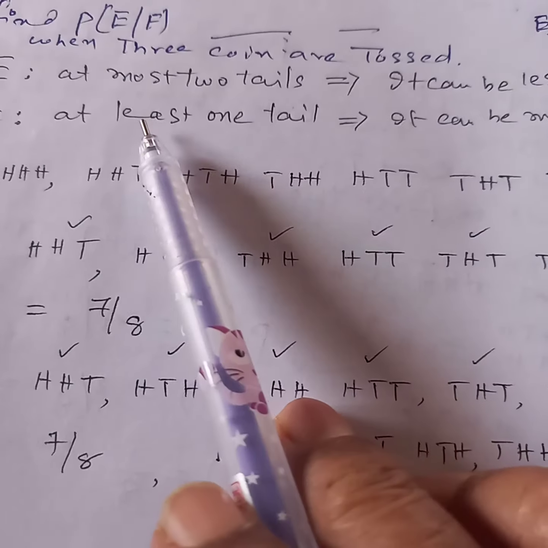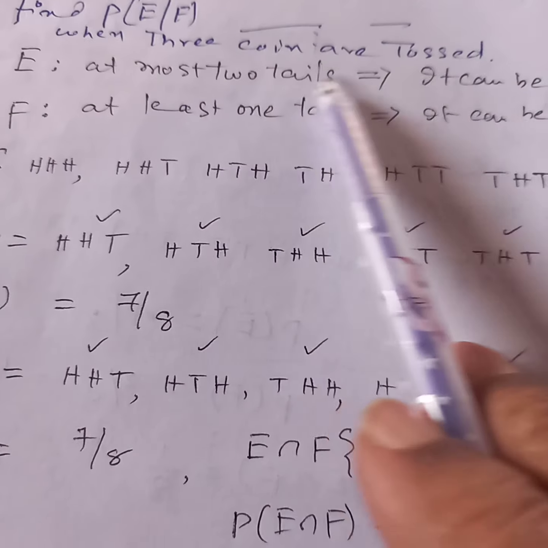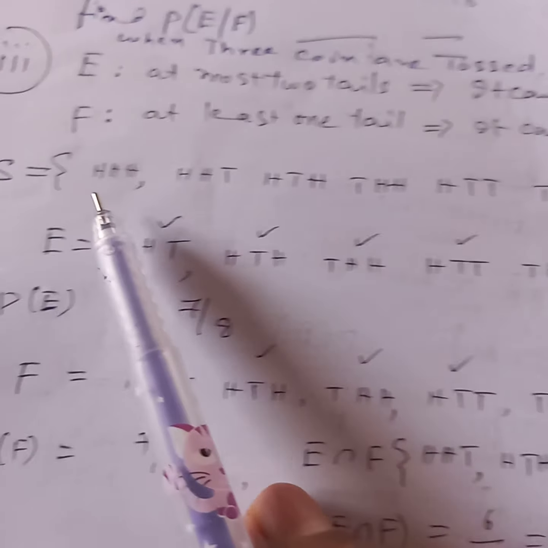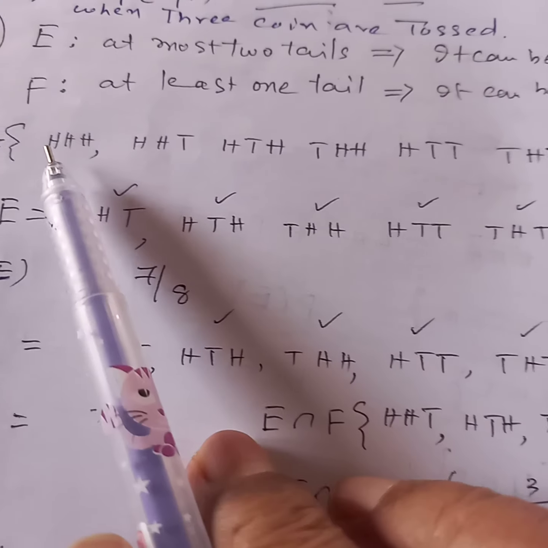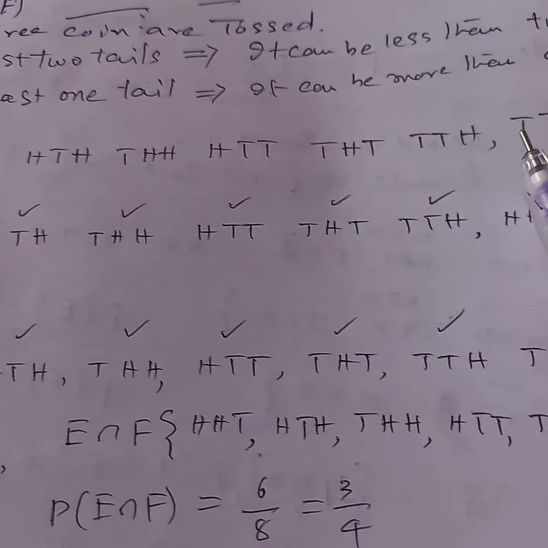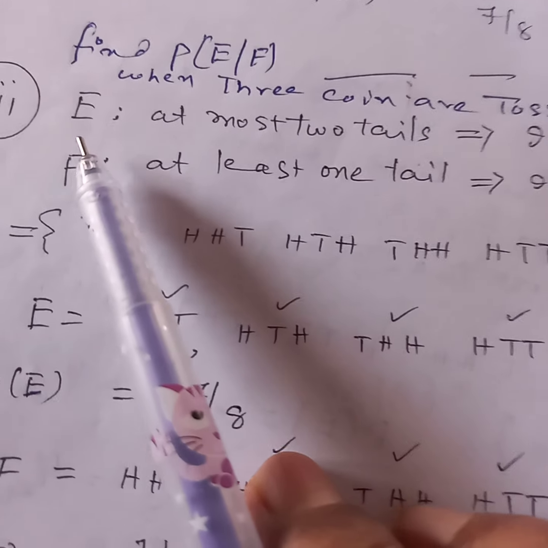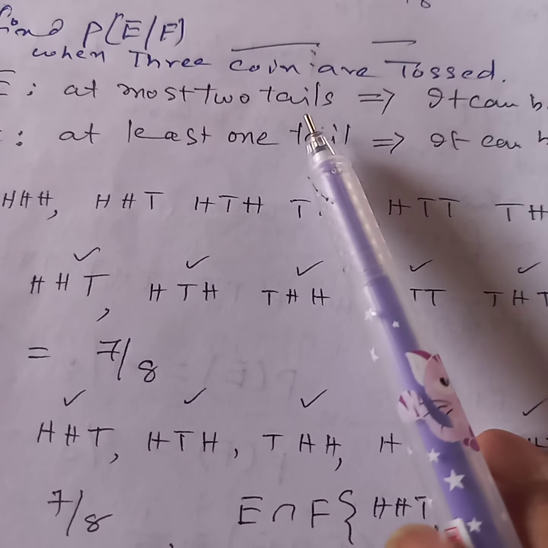This is the third problem. When three coins are tossed, we have to find the sample space. As usual, that will be 8 in number. I have told you earlier about this. And what is the event? At most 2 tails there should be.